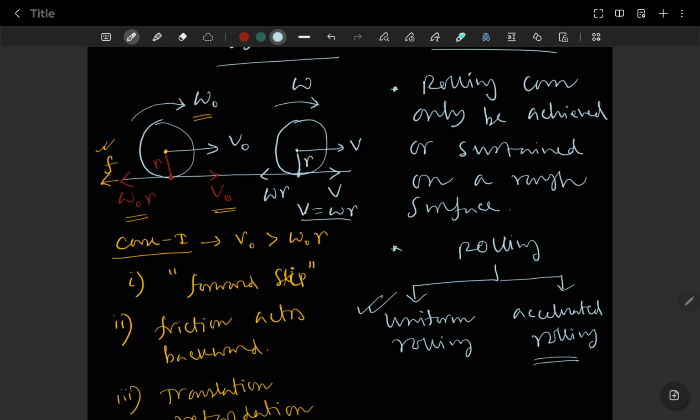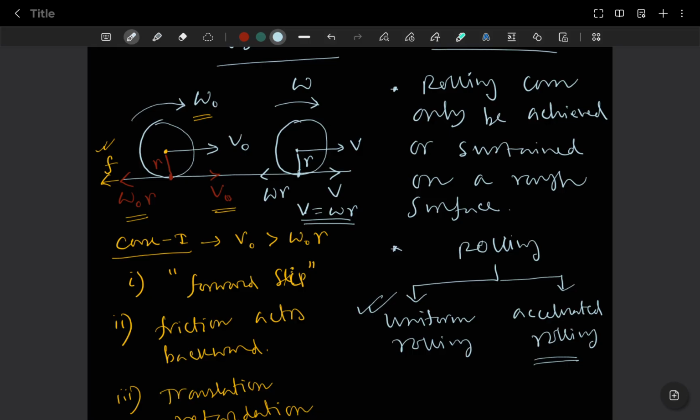When v equals omega r, this bottommost point will no longer slip, neither in the forward direction nor in the backward direction. The body will obtain pure rolling motion, an undisturbed rolling motion. No slipping is there at the point of contact with the surface, so it just rolls undisturbed.